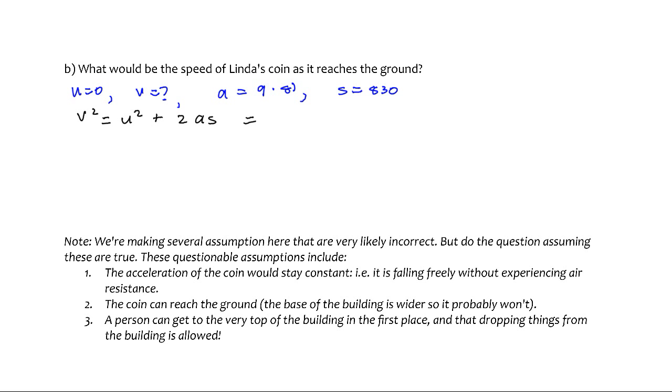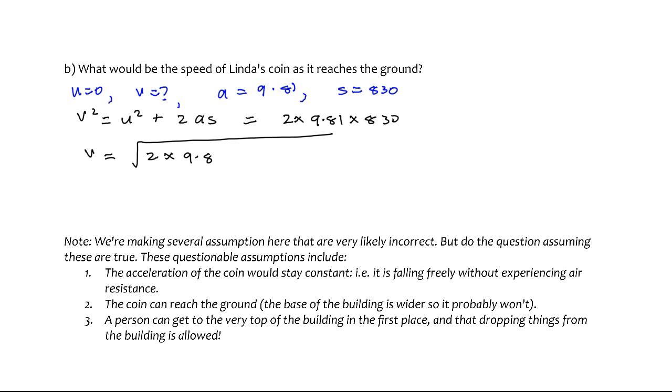So v squared is equal to u squared plus 2as. That means u squared is 0, plus 2 times 9.81 times 830. Then v is equal to the square root of that, the square root of 2 times 9.81 times 830.